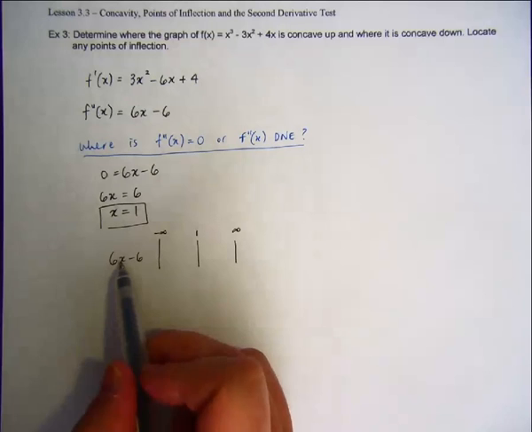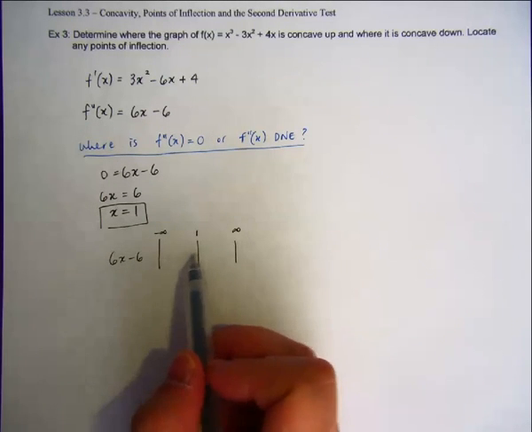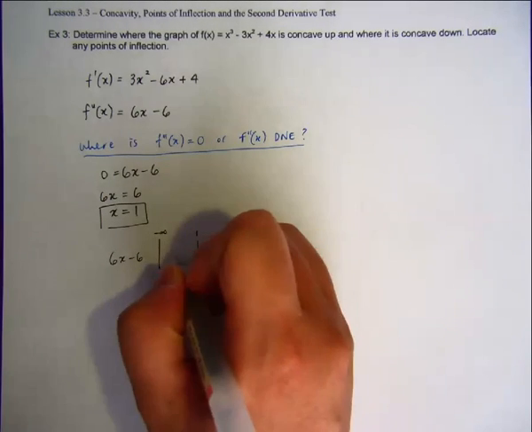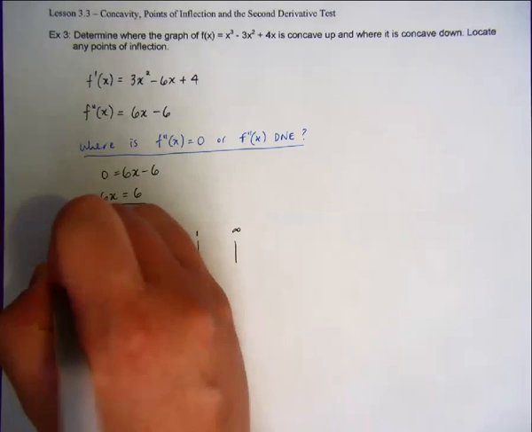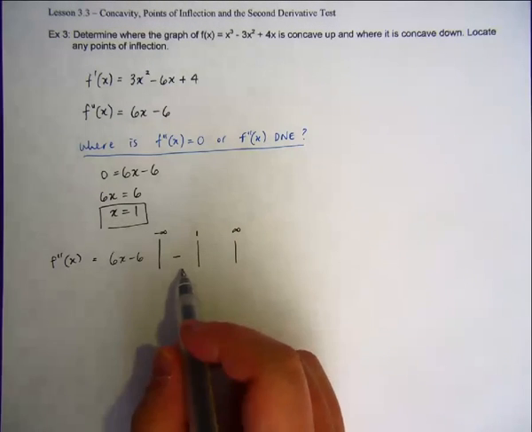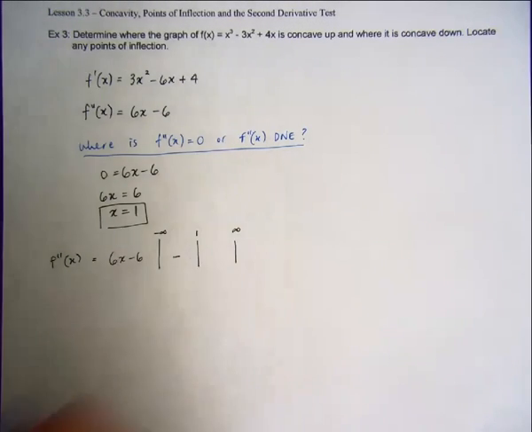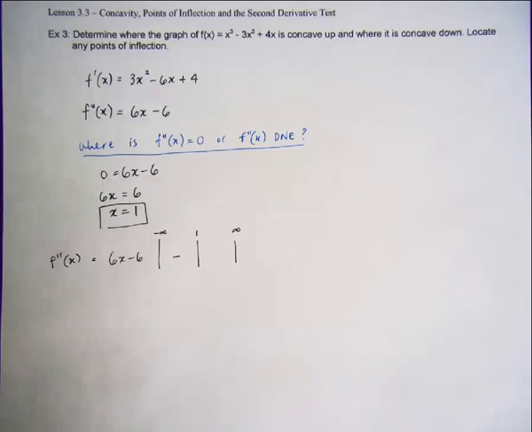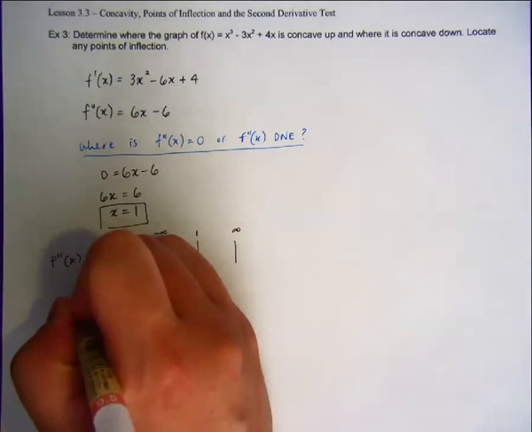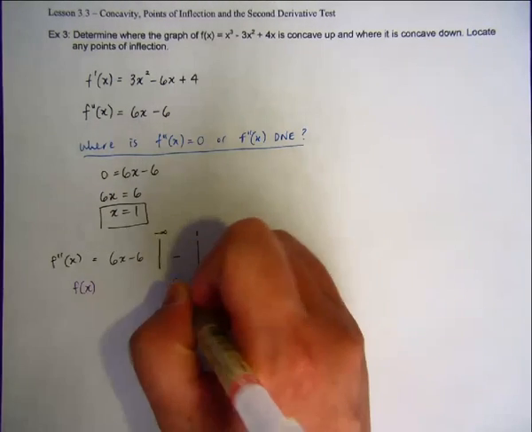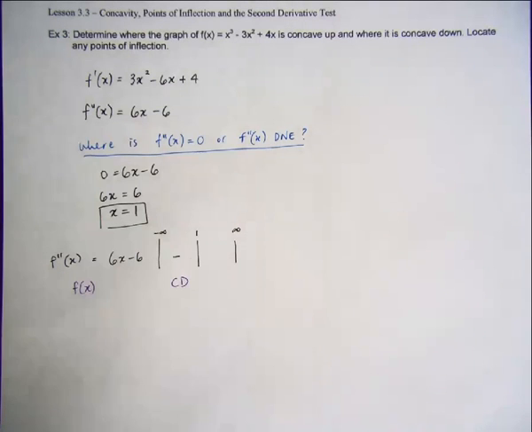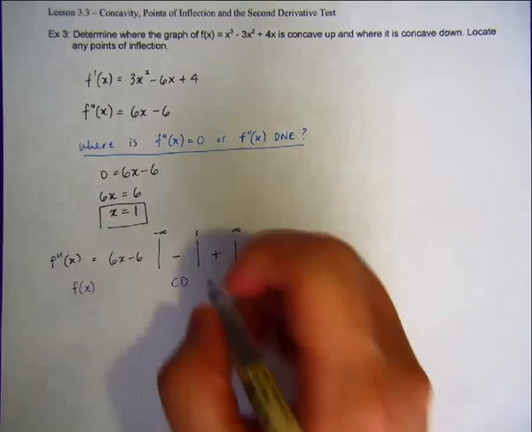We can see that when we plug in a value less than 1 for x, the second derivative is negative, which means the original function f of x is concave down. When the second derivative is positive, for x greater than 1, the original function is concave up.